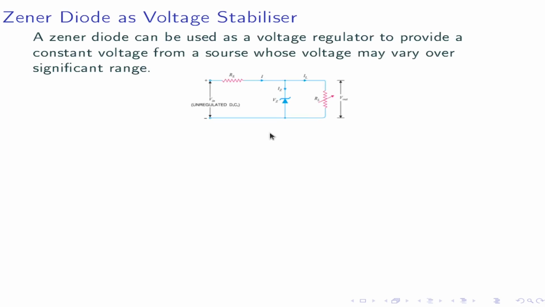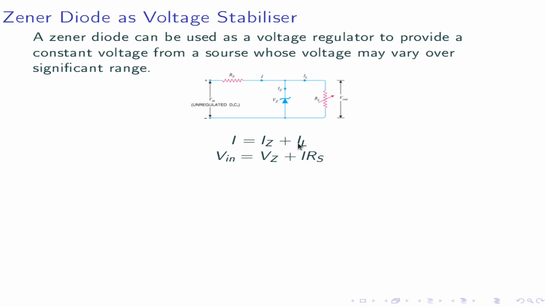So this is the circuit design. It has a series resistor Rs. The unregulated direct current is given between these 2 points. The output is taken across RL. So here I is equal to IZ plus IL, and Vin is the voltage across the diode, that is Vz, plus the voltage across this resistor, I into Rs.